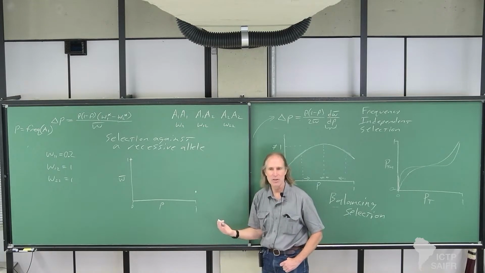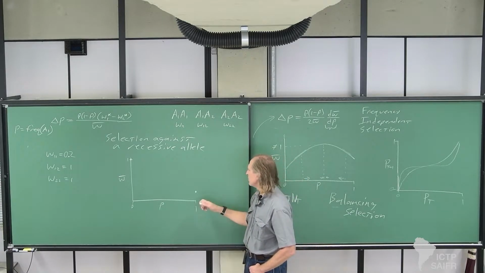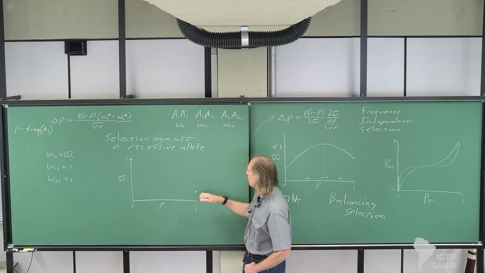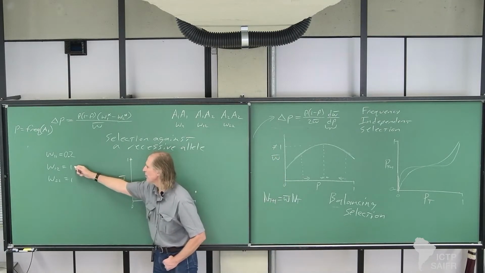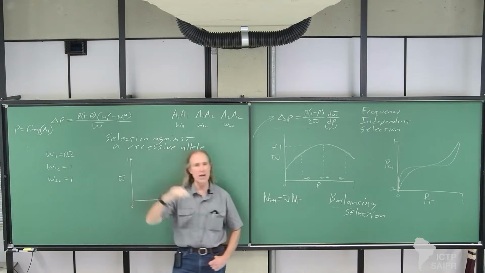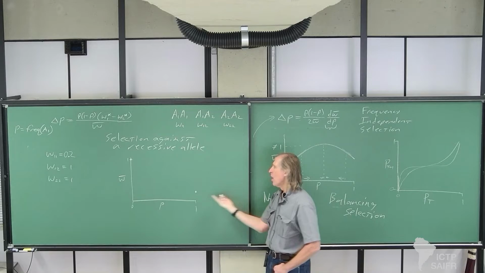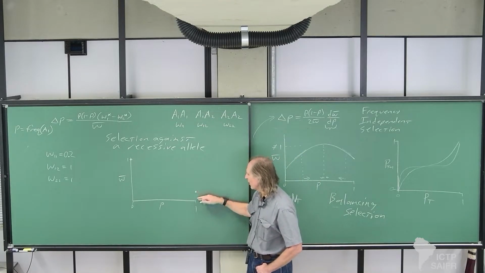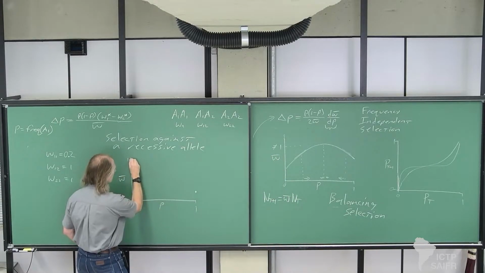And you can kind of guess what goes on here, because the worst possible case for W bar is if everyone is A1A1, right? Because any heterozygotes have much higher fitness. That's going to raise mean population fitness. And so we've got a parabola that starts here, never goes below that value, and ultimately goes up. So what we have is something that kind of looks like this.